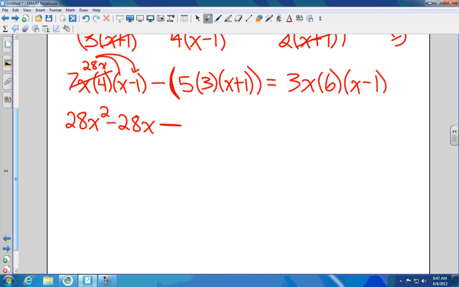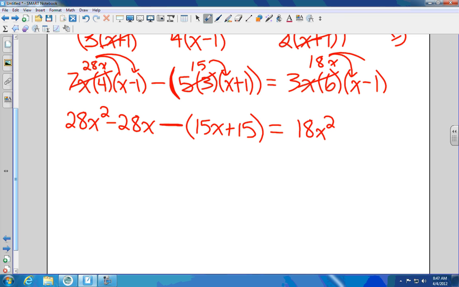I keep that big minus right there and do the same thing to that one. 5 times 3 is 15, and then we're going to distribute that in. 15x plus 15. Do the same thing one more time. 3x times 6 is 18x, and we're going to distribute that in. And that is 18x squared and 18x times negative 1, minus 18x.